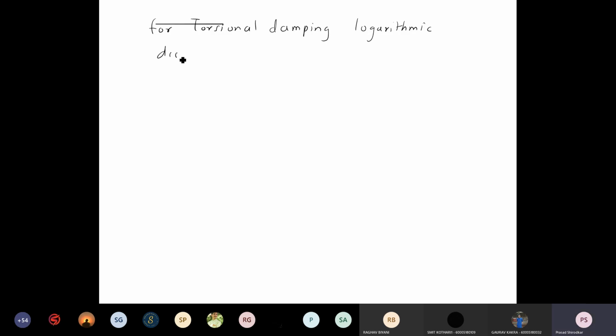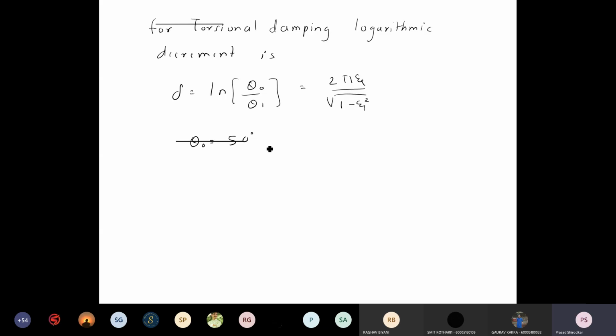For torsional damping, the logarithmic decrement delta is equal to natural log of theta 0 divided by theta 1, and that is equal to 2 pi zeta upon square root of 1 minus zeta square. Theta 0 is equal to 50 degrees, which is proportional to 80 divisions.